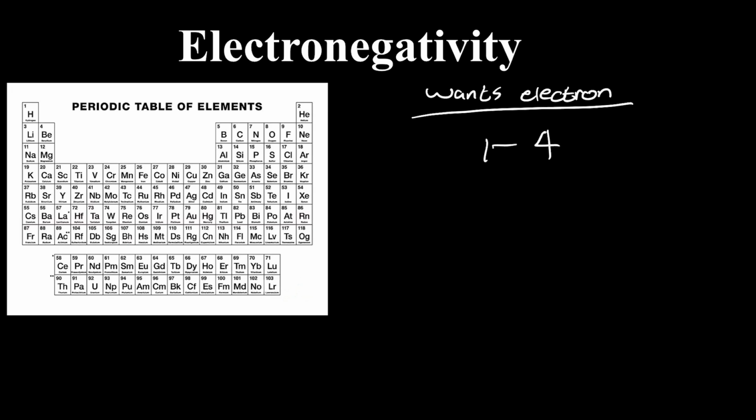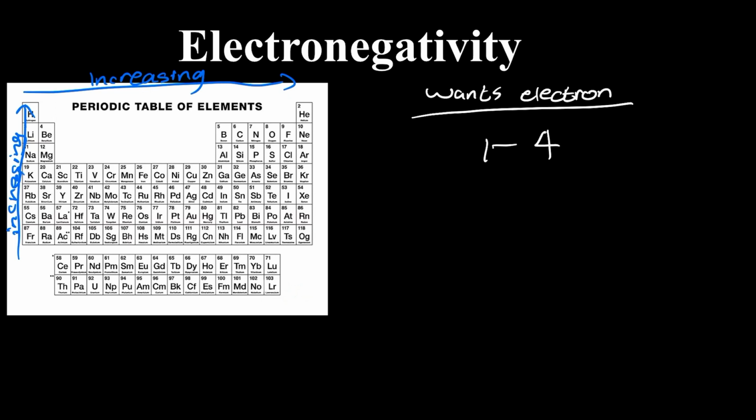It's on a scale of 1 to 4, and it's the opposite of atomic radius, and I'll explain why. Meaning that it's increasing when you go this way, so this is increasing, and it's increasing when you go up. So this is increasing as well. Alright? Sorry, I spelled increasing wrong.